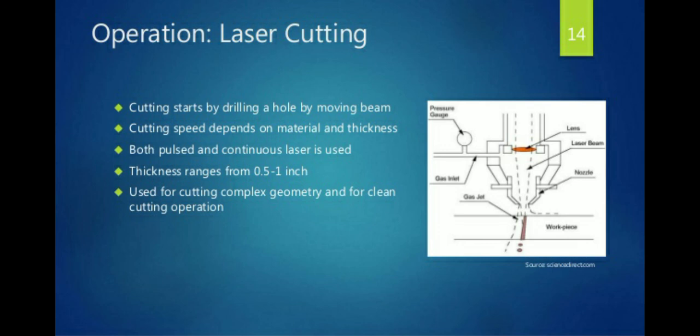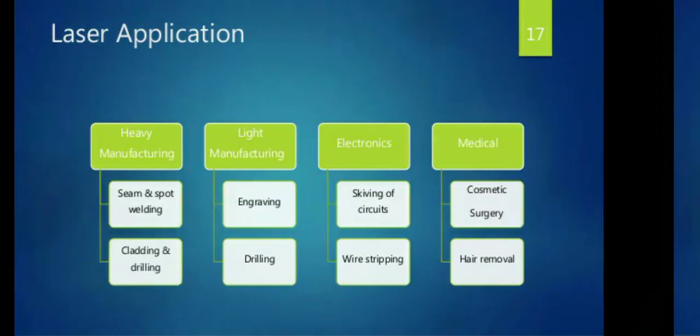If you want to remove material step by step, or give time for the metal removal, you can go for a pulsed beam, or otherwise a continuous laser. The thickness range of this process can be 0.5 to 1 inch, used for cutting complex shapes and also for cleaning and cutting operations.